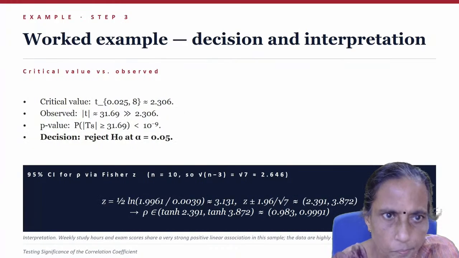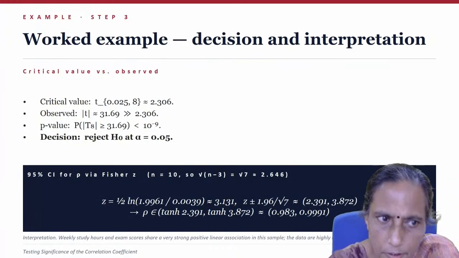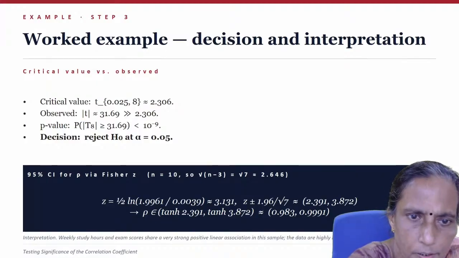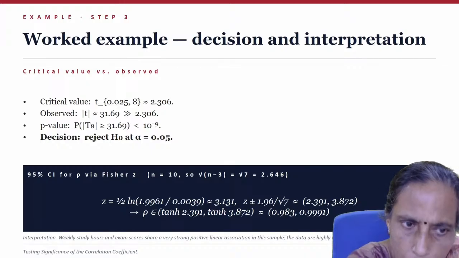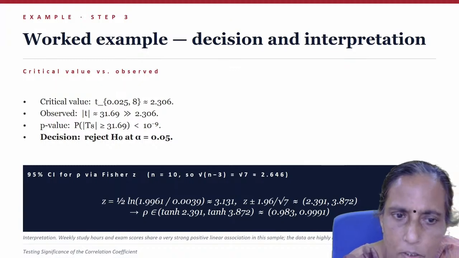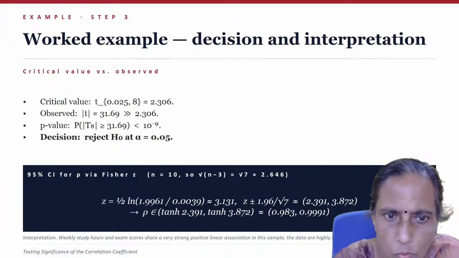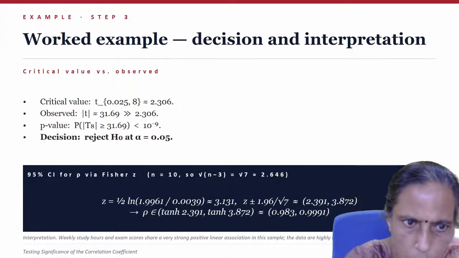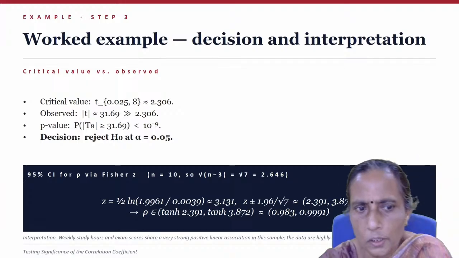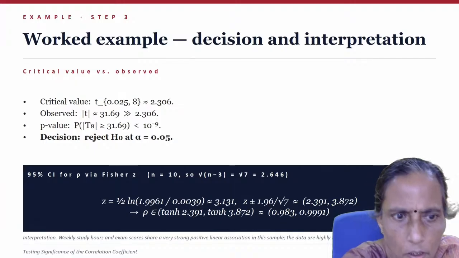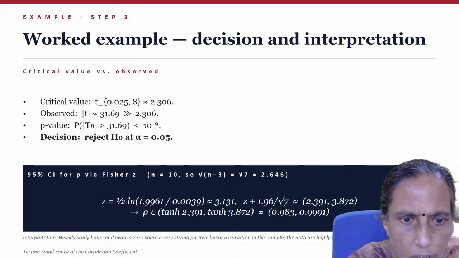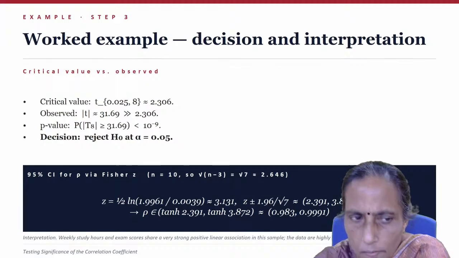Okay, then the critical value versus the observed value. It is two-tailed at the 5% level of significance. So we take the critical t value at 0.025 with 8 degrees of freedom, which is 2.306, and the observed value is 31.69. So the p-value comes out to be less than 10 to the minus 9.